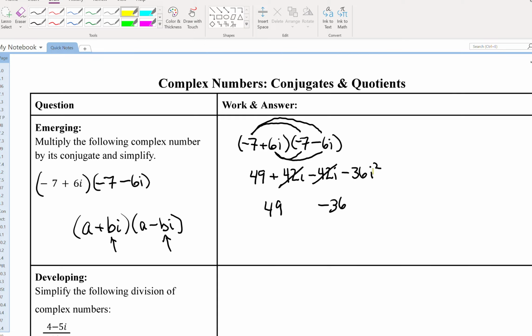i squared is the same as negative 1. So I swap that out. So what I get as a result is 49, negative 36 times a negative 1, that's plus 36. And therefore, 49 plus 36 would be 85.